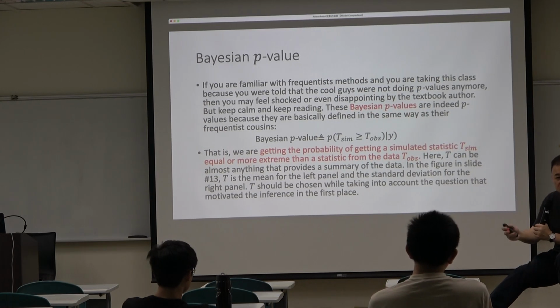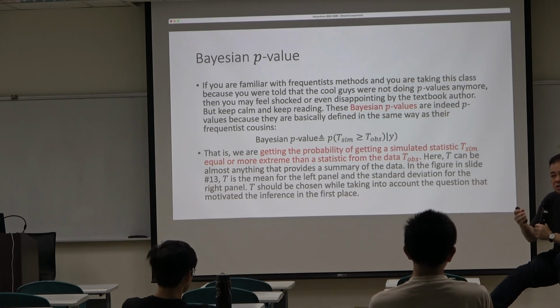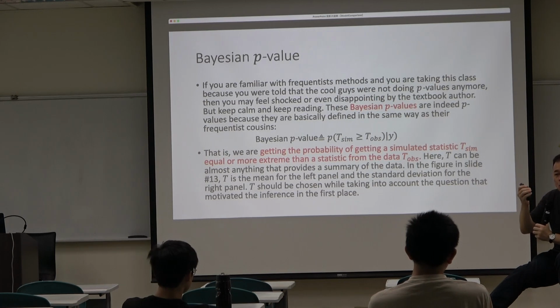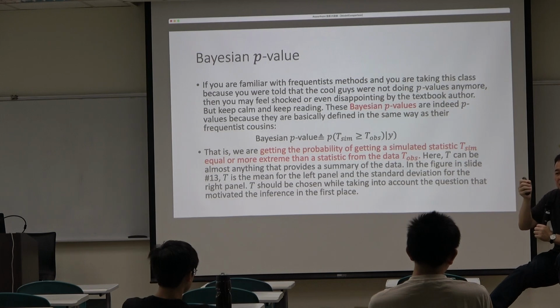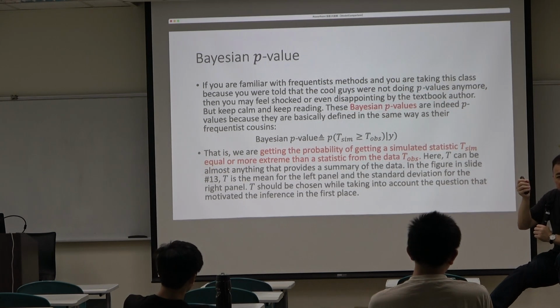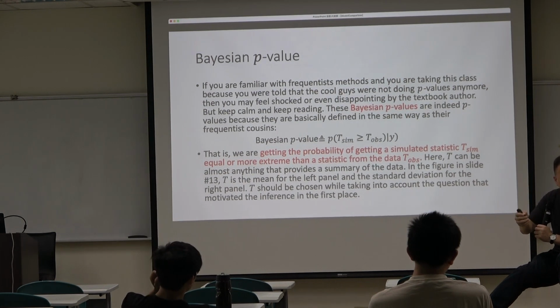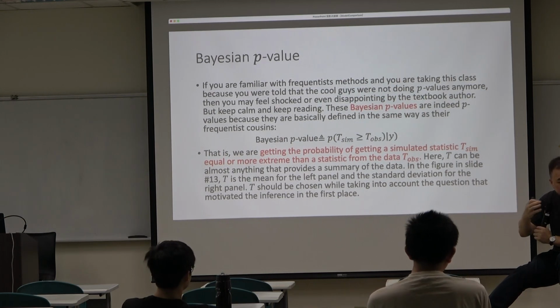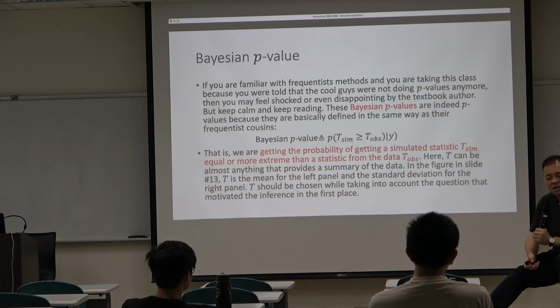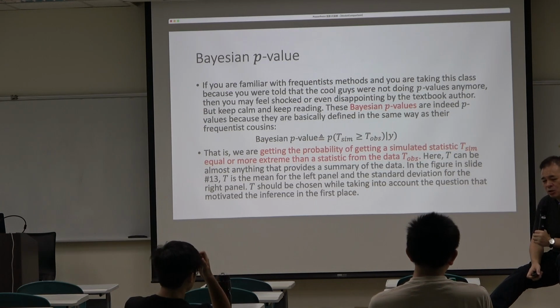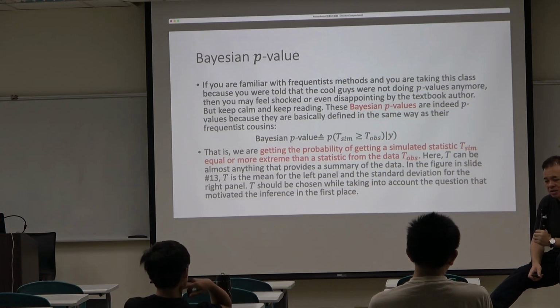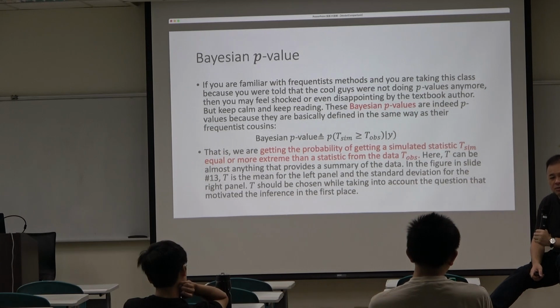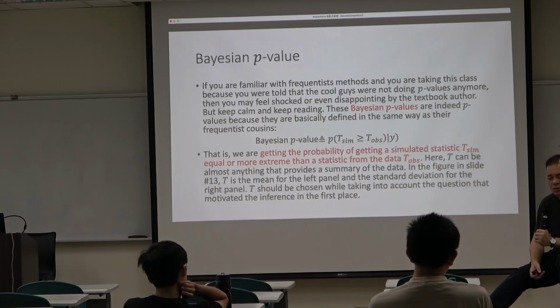There are other issues; I'm just trying to tell you about one most obvious problem of the traditional frequentist p-value. But I will not go into the detail of that. After all, you probably do not know much about the frequentist p-value, just a little bit.